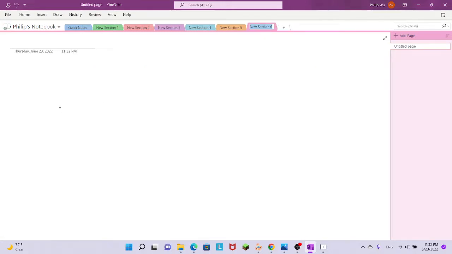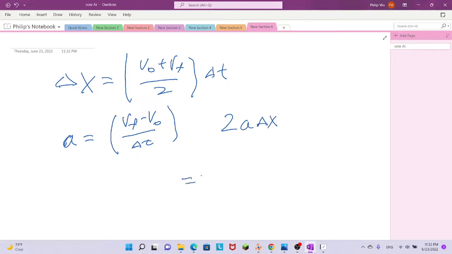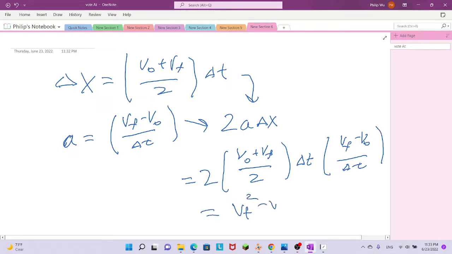Two times the acceleration times the change in displacement, taking our equations here and using the difference of squares, is simply Vf squared minus Vo squared, which is the change in velocity squared.